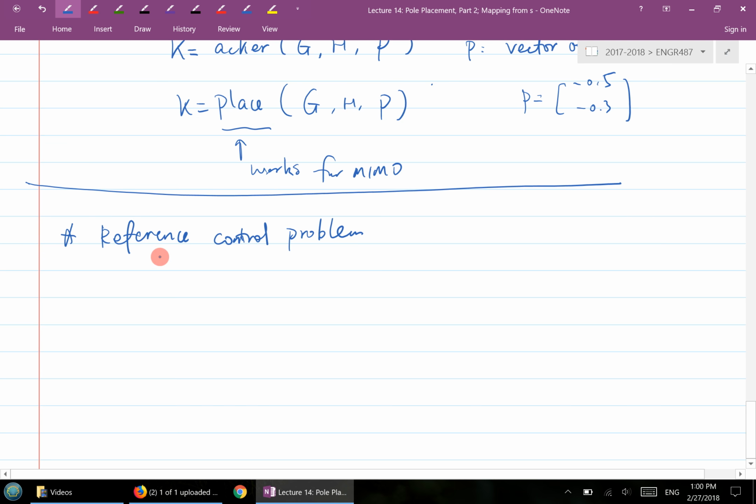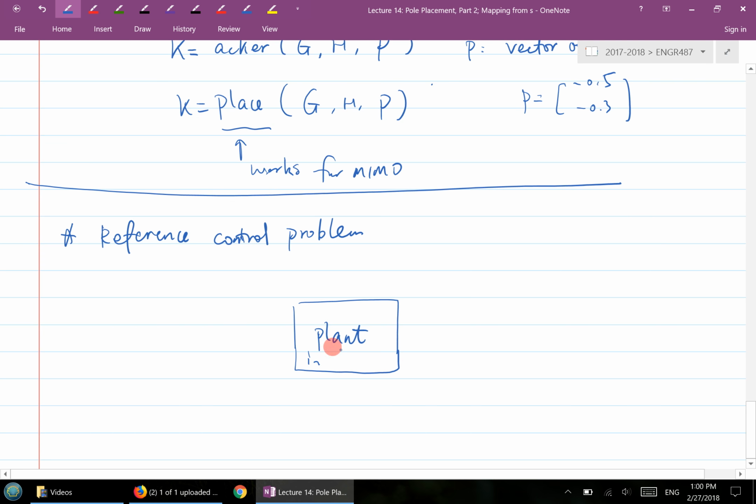And when it comes to reference control, the structure of the control loop looks like this. First of all, here's the plant. I'm assuming my plant is given in a state space model.